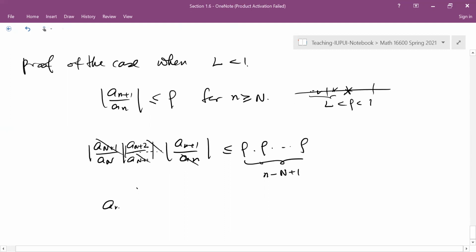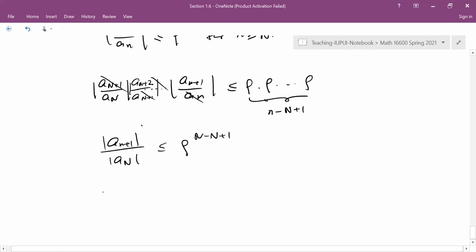What is left is a_{n+1}, less than a_N times rho to the n minus capital N plus 1.